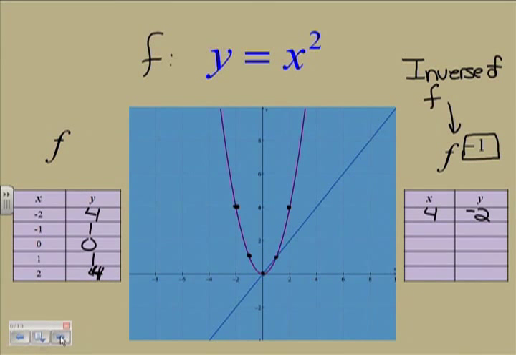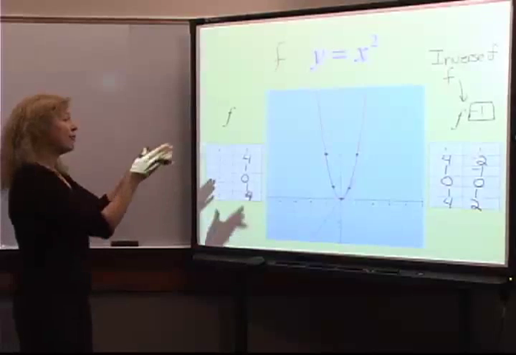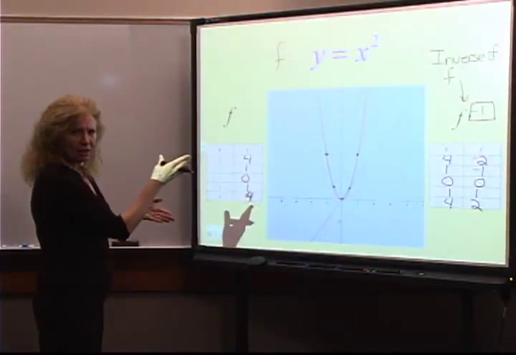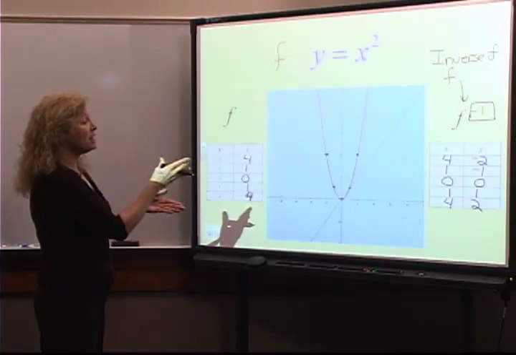So we have 4 going to -2. We're going to have 1 going to -1. 0, 0. 1, 1. And 4, 2. Now remember, it's very easy from the graph of a function to graph the graph of the inverse.